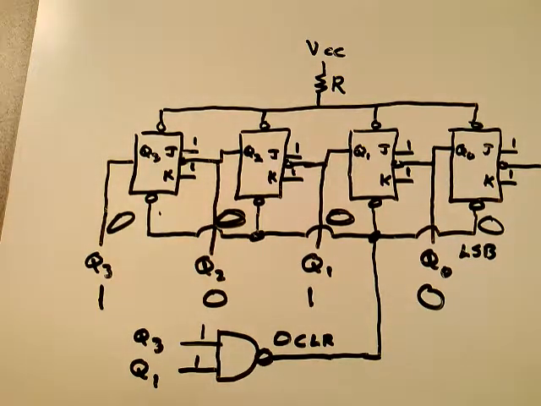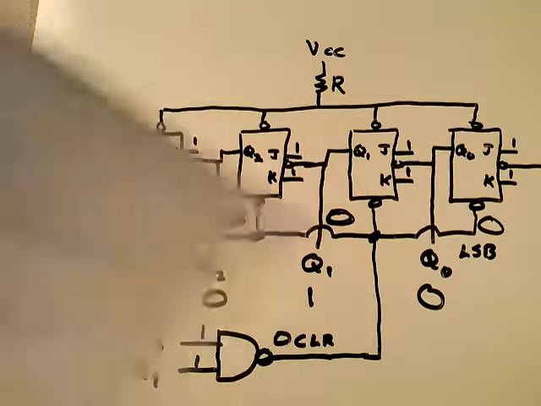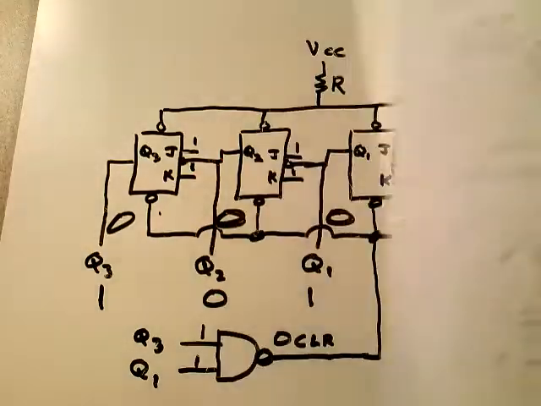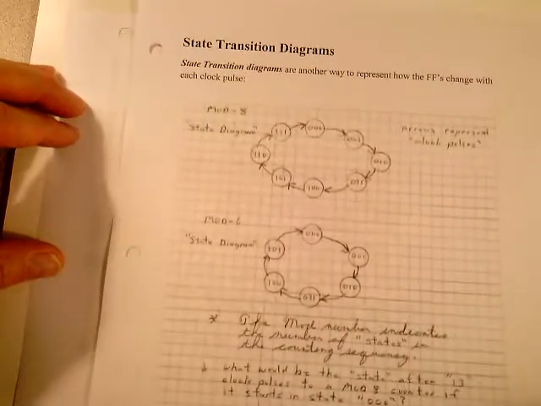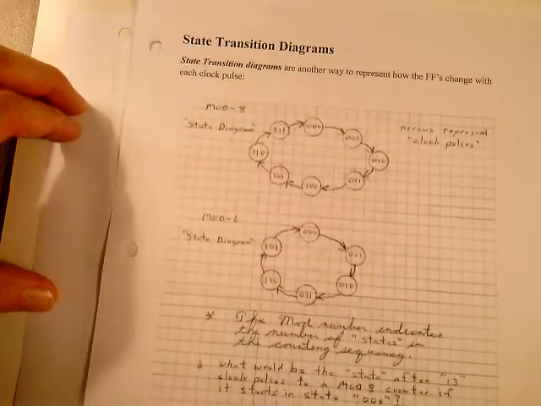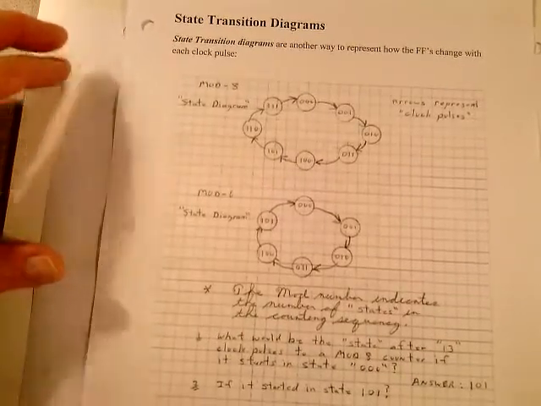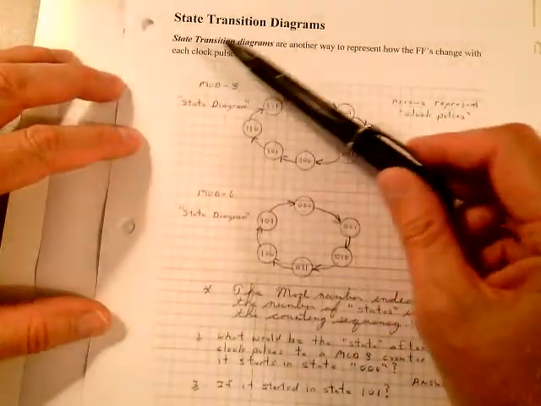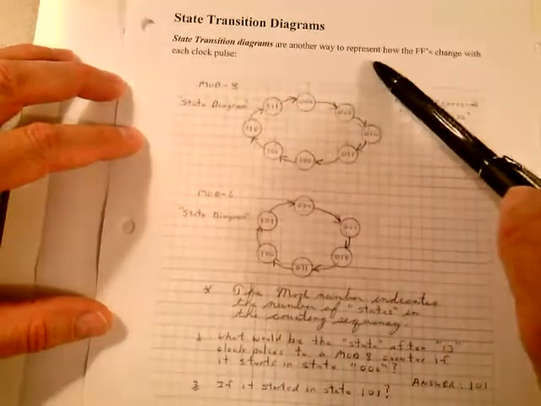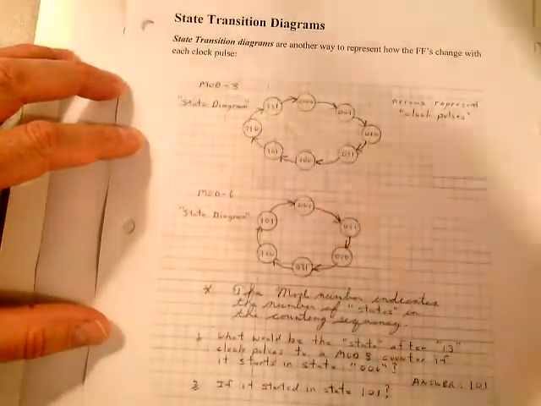On page 179, state transition diagrams. I'm going to introduce them to you. They're pretty easy to understand. State transition diagrams are another way to represent how flip-flops change with each clock pulse.